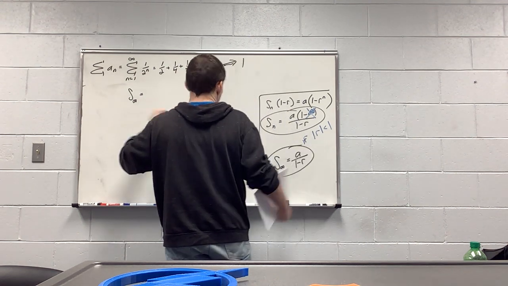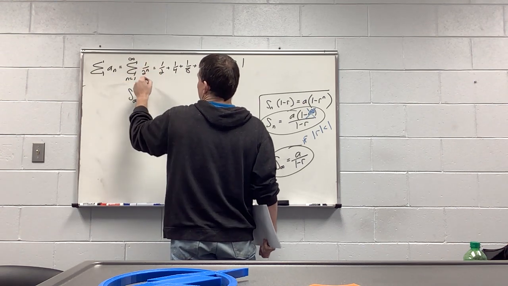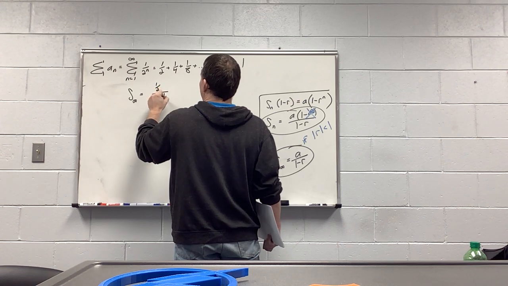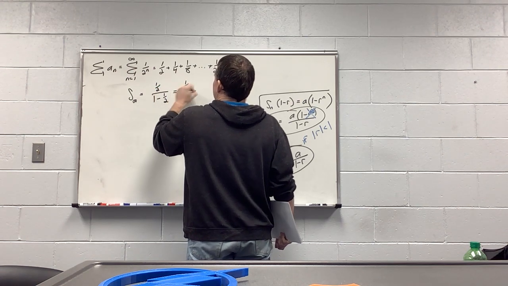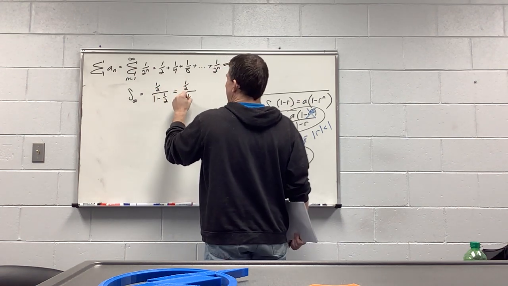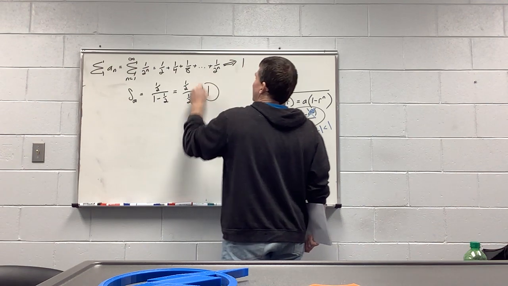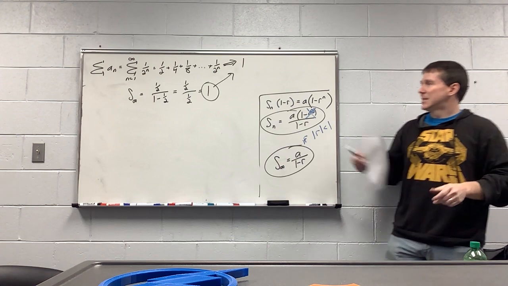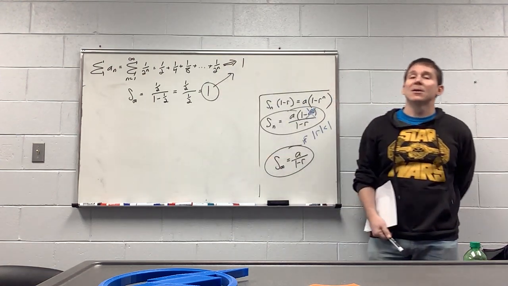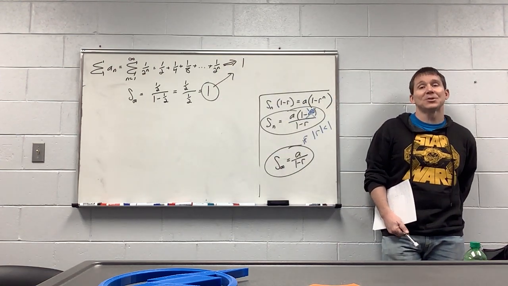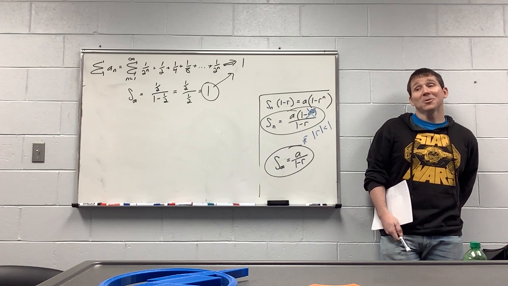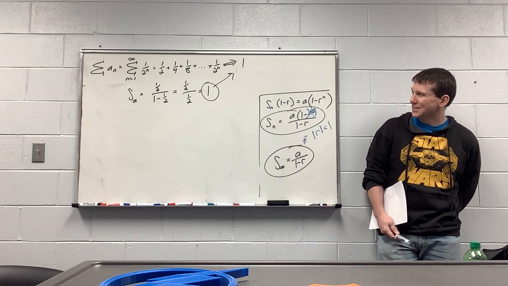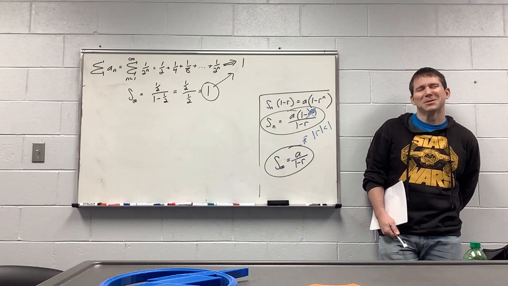That's less than 1. So it should be the first term, which is 1/2, all over 1 minus the ratio, which is 1/2. And I get 1/2 over 1 minus 1/2, which is 1/2, which is 1. And now I know the sum of this series right here is 1. It's convergent. You get closer and closer and closer to 1, and ultimately it adds to 1. Kind of. We'll see that later on.